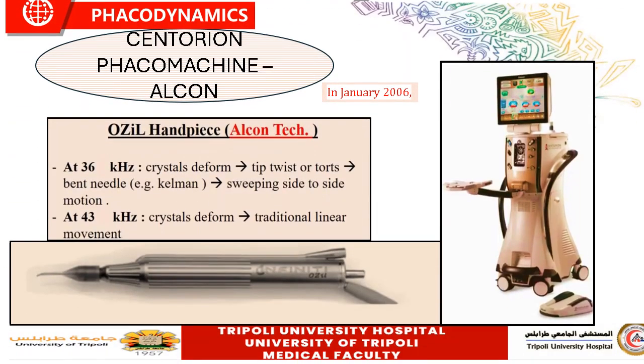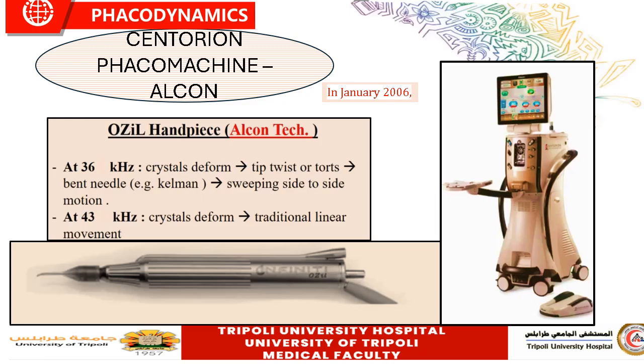The new generation of Phaco emulsification machines, as invented by Alcon Company, introduced the principle of the torsional Phaco handpiece. With the torsional Phaco handpiece, the mechanical energy created by the piezoelectrical crystals is transmitted to the Phaco needle in the form of a twist or torsional movement with a frequency of around 36 kilohertz.